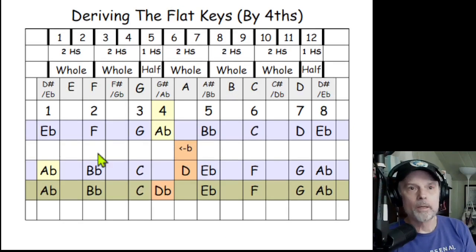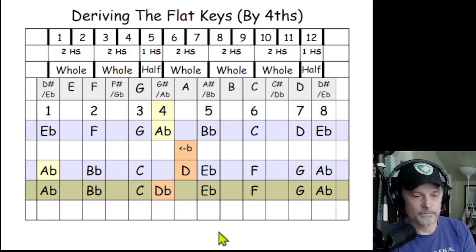Using E flat, the 4th is A flat. So we put down the A flat, and we see that our 4th is D, and we flat it. So A flat now has 4 flats: B flat, E flat, A flat, and D flat.